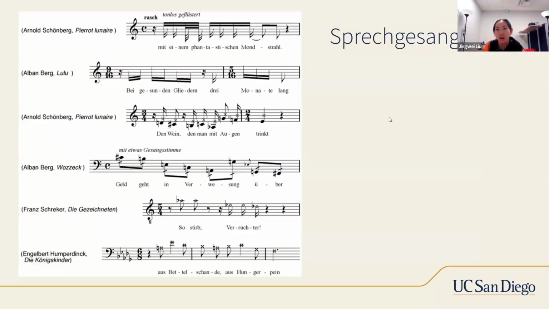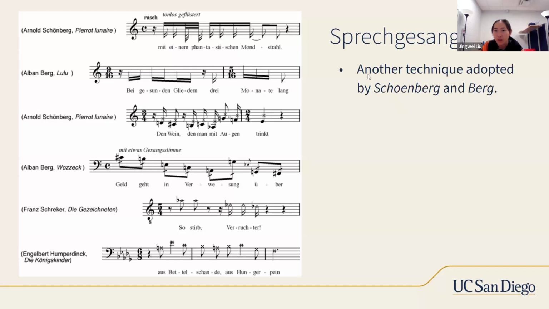The next music genre we'd like to introduce is Sprechgesang. This is a German word, which means speech and song. This is another technique adopted by Schoenberg and Berg.